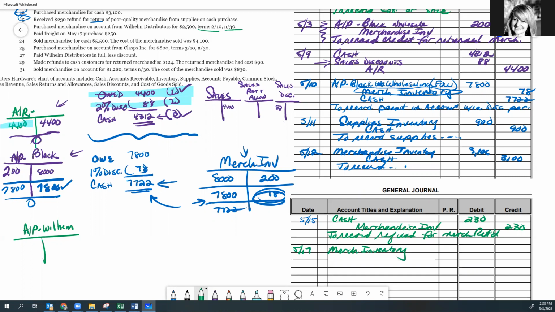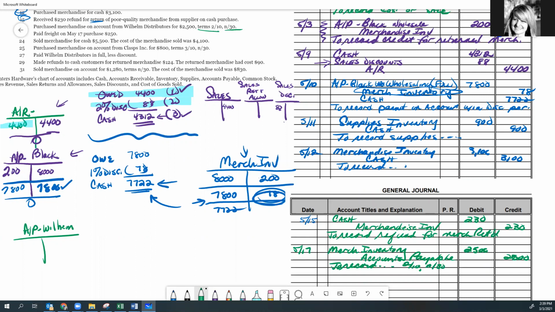Make it go up. It's an asset. And we are going to credit accounts payable because we purchased it on account and we now owe for it. And so crediting accounts payable increases it. It's a liability. And we're going to indicate to record purchase of merchandise on account terms 2/10 net 30.